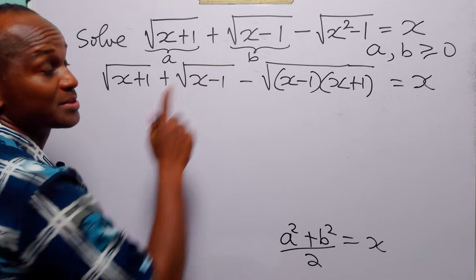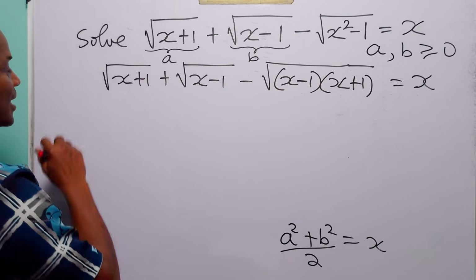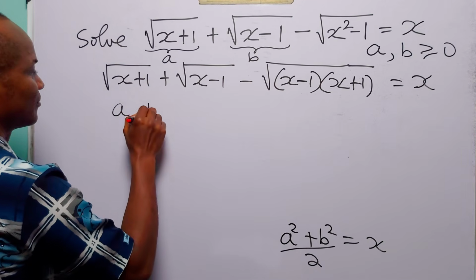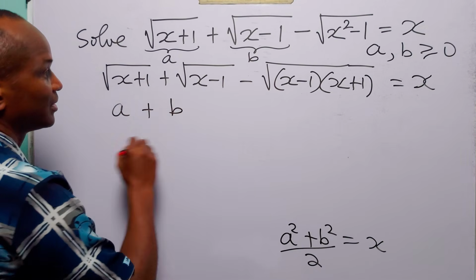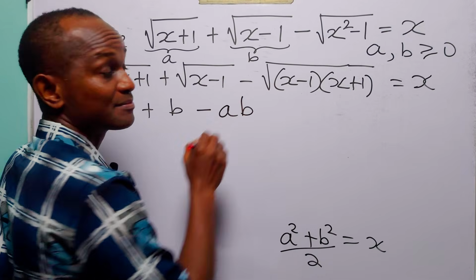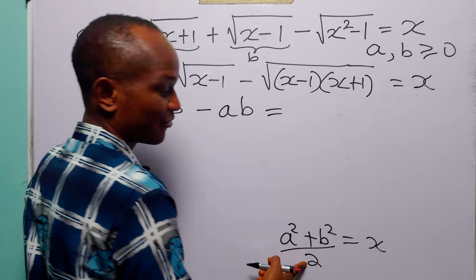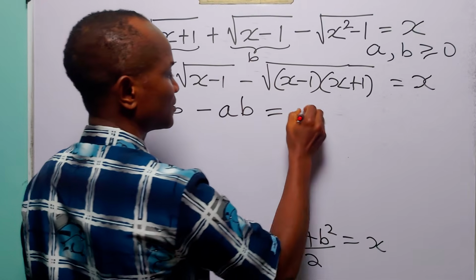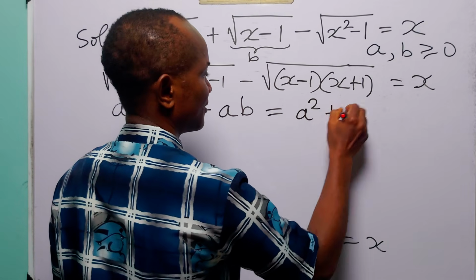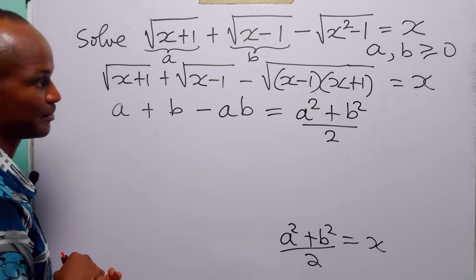Now with these two substitutions, let us rewrite this equation. We have a plus b minus a times b is equal to x. But now remember that x is equal to a squared plus b squared divided by 2.